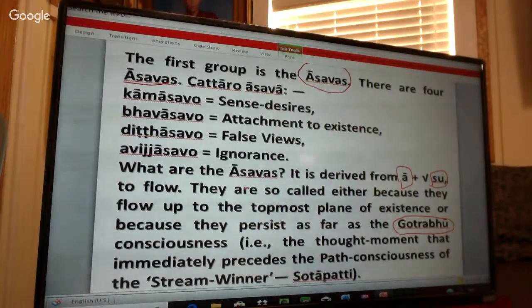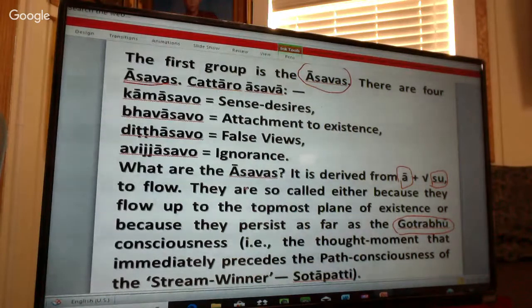So these asava can flow up to before Gotrabhu. At the Gotrabhu, no. Before Gotrabhu, they can flow. That is the meaning of asava, so asava is very, very dangerous.